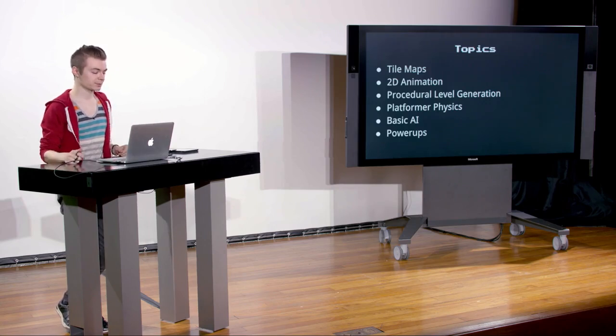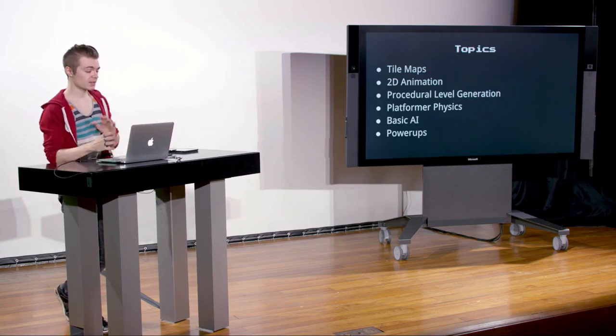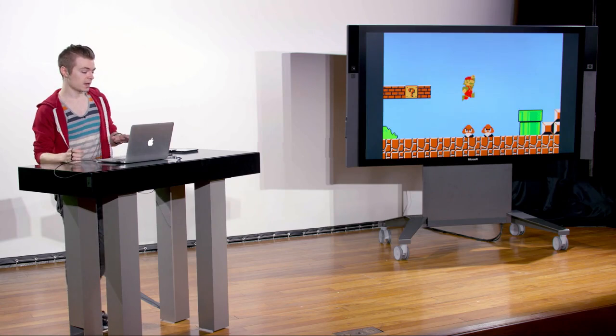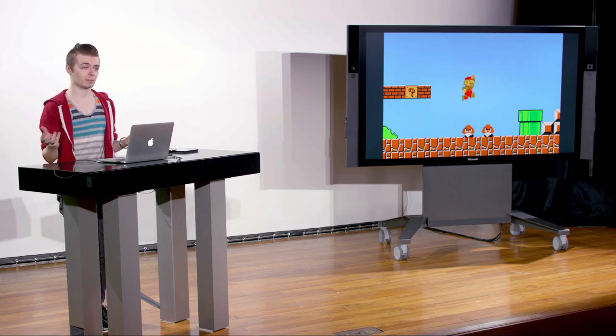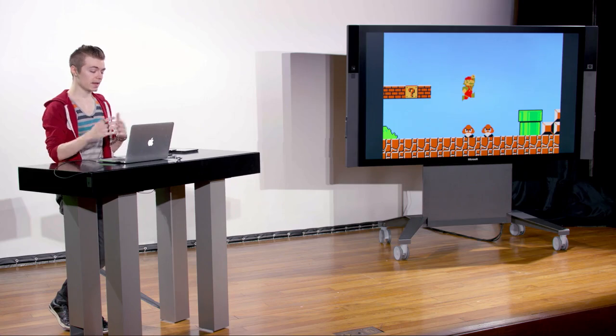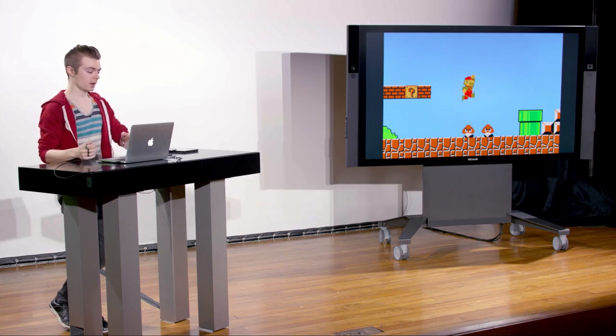good quality platformers. While we talk about Super Mario Brothers today, some of the topics we'll actually be talking about are tile maps. So how we can take basically a series of numbers, tile IDs, and turn that into a game world. As you can see here, the game is broken up into blocks of 16 by 16 tiles.